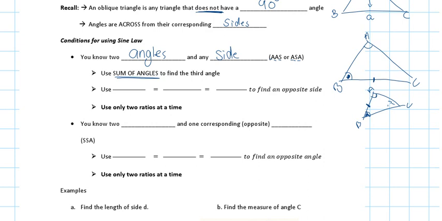So what sine law says is that in order for me to be able to solve for the side, so basically this question will be asking you to solve for side B. Okay?